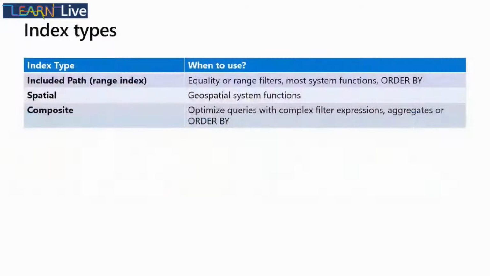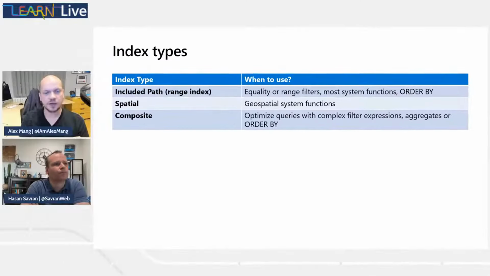The idea is that when you start with a new Cosmos DB container using the core API, you start out with a range index, aka an included path. A lot of people refer to this index as the range index. I'm not a major fan of that reference, because it makes me think that the range index is only applicable when you use a range filter, but that couldn't be any less true.